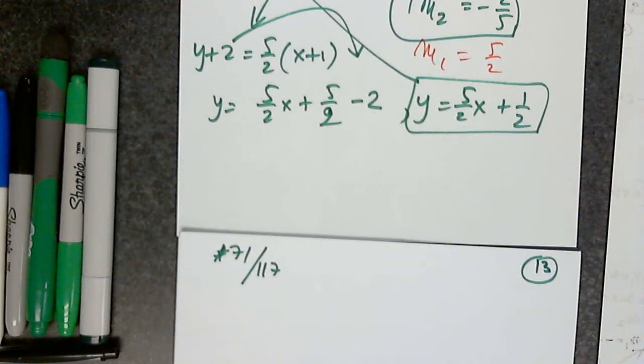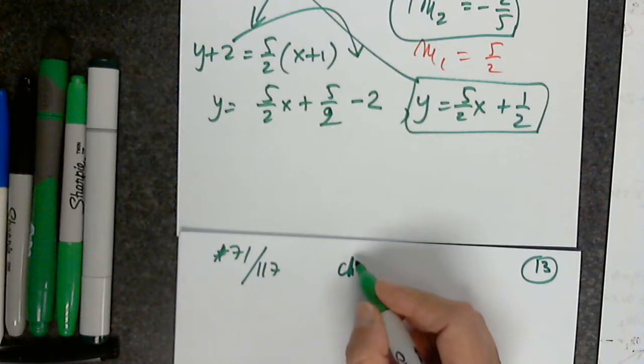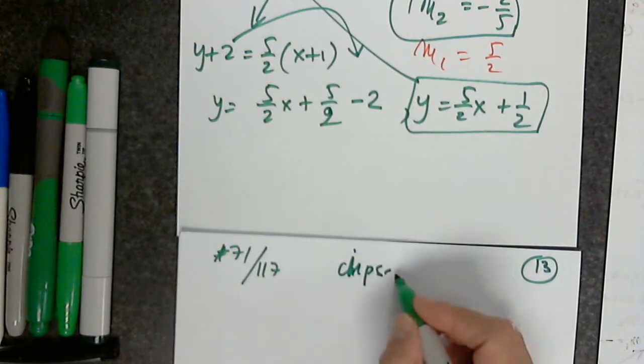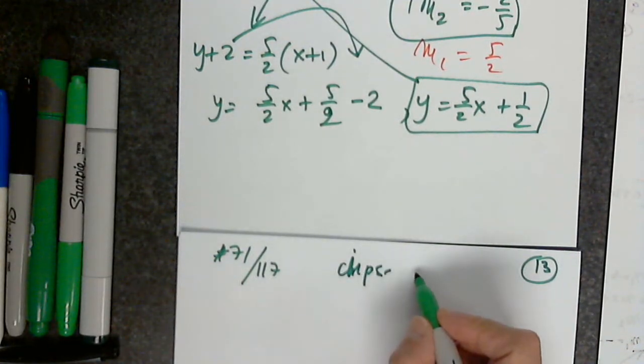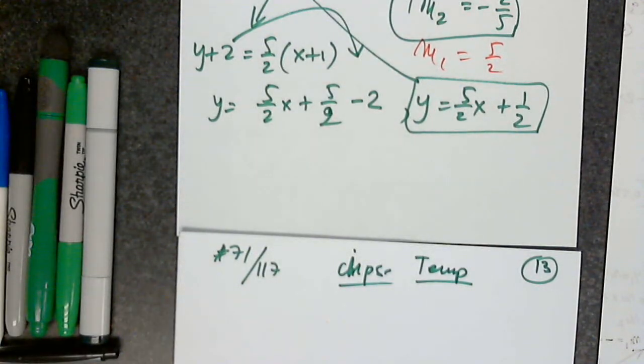Biologists have observed that the chirping rate of crickets of a certain species is related to temperature. So, chirps, temperature. So I have two variables. And the relationship appears to be very nearly linear.